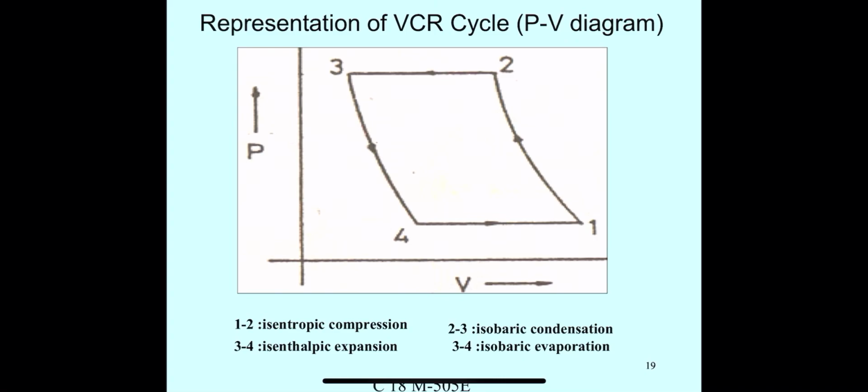Isobaric is nothing but constant pressure. Then 3 to 4 is isentropic expansion, and 4 to 1 is isobaric evaporation.